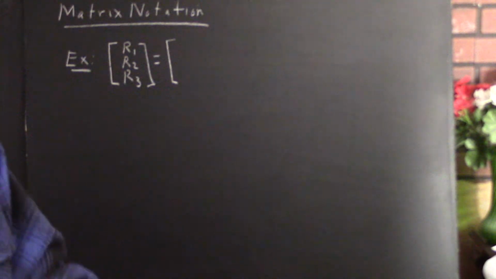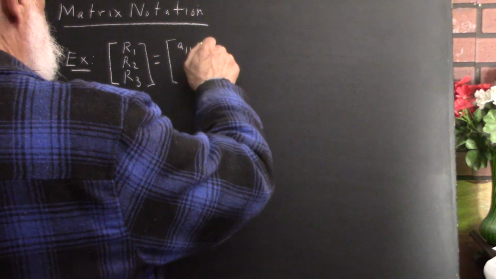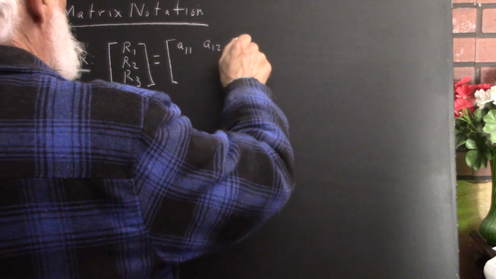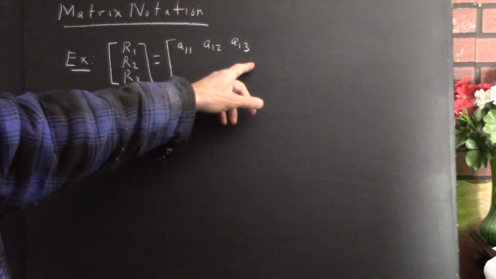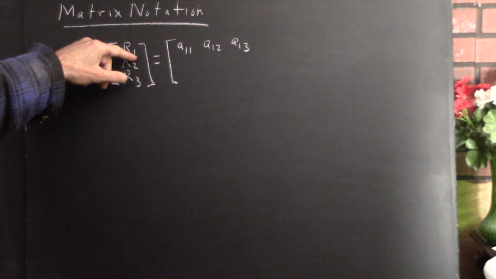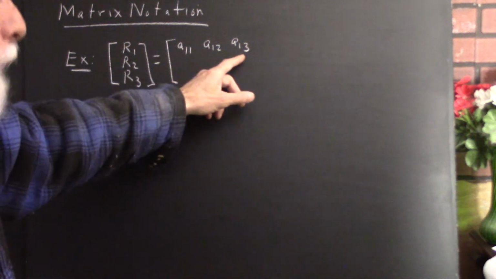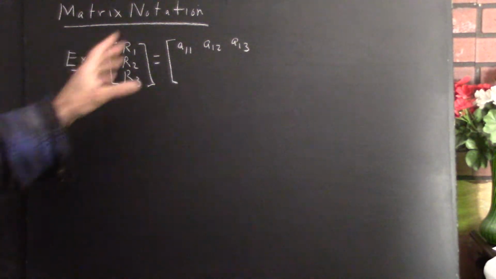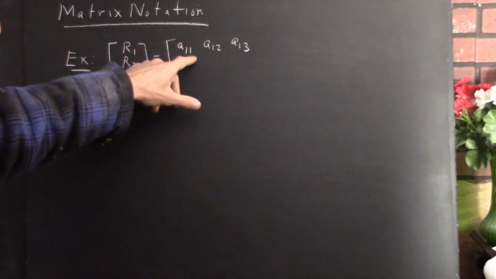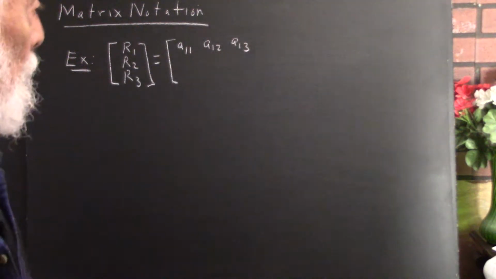To give a general notation for those 3 numbers, I'm going to use A11, A12, A13 for row 1. The 1 in each of these subscripts, and often these subscripts are written with commas in case you get numbers bigger than 10, but this stands for 1, 1, not 11, 1, 2, not 12, 1, 3, not 13.